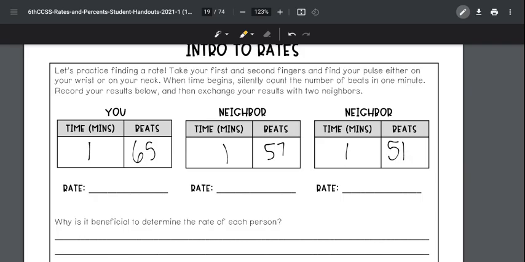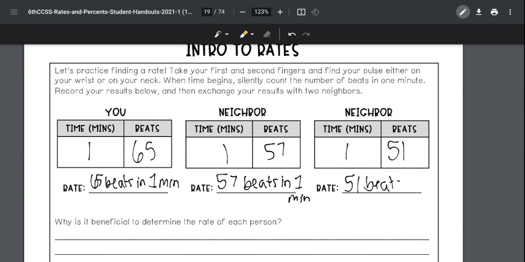So our rate that you would write down would be 65 beats in 1 minute, 57 beats in 1 minute, and 51 beats in 1 minute.